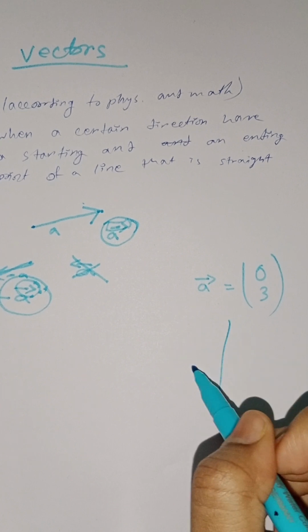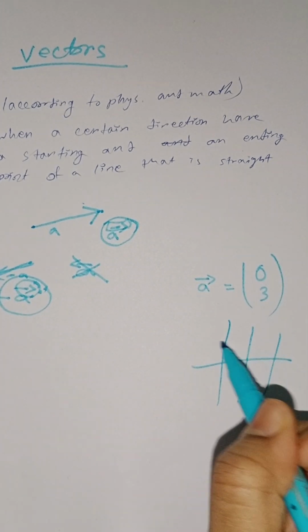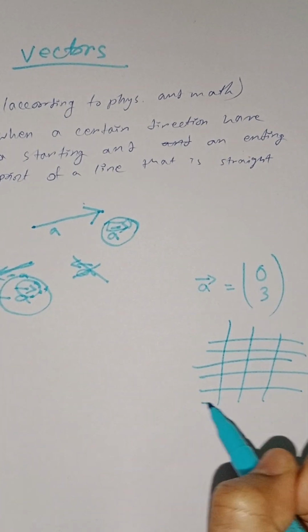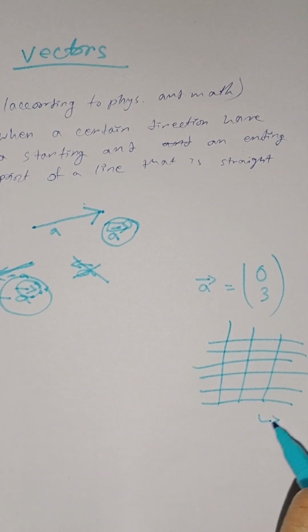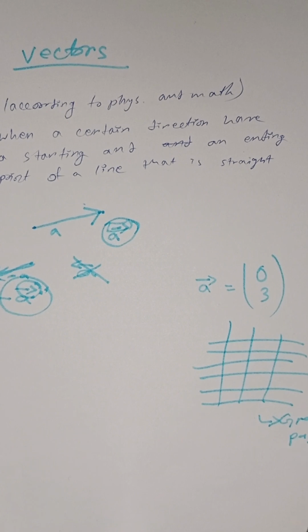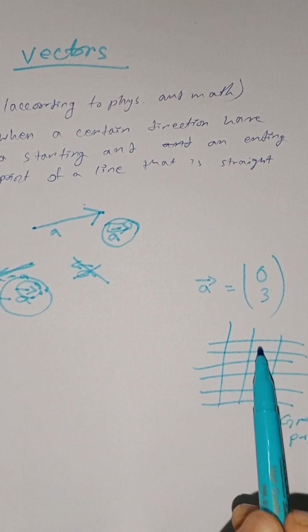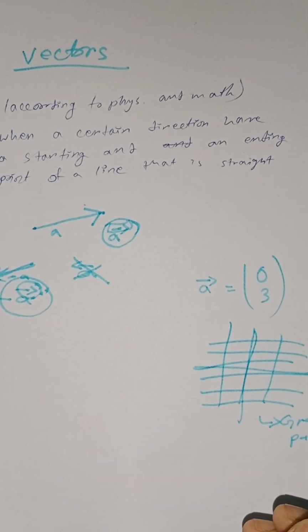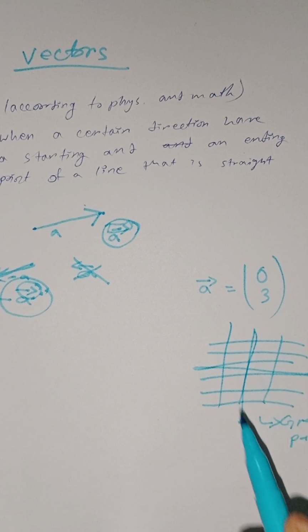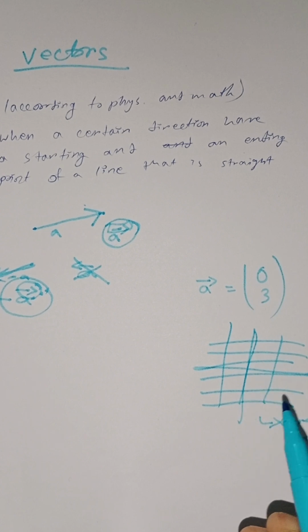So let's do this box, and mind you, this is not a very perfect diagram, but let's just start. So this is our graph paper. Now you might be asking about the x-axis and y-axis. Let me tell you, do not use the x-axis and y-axis concept in understanding vectors.